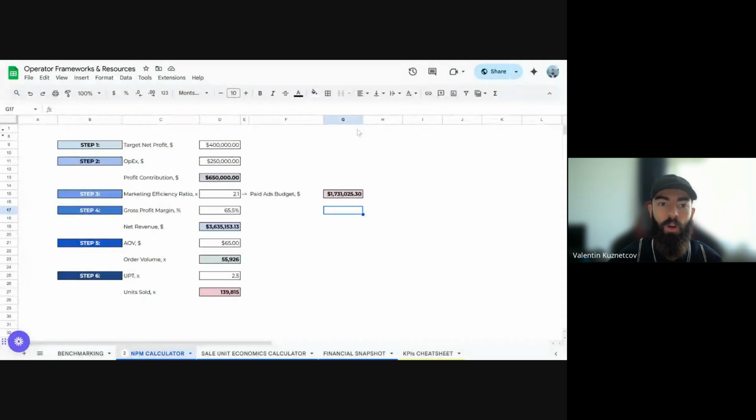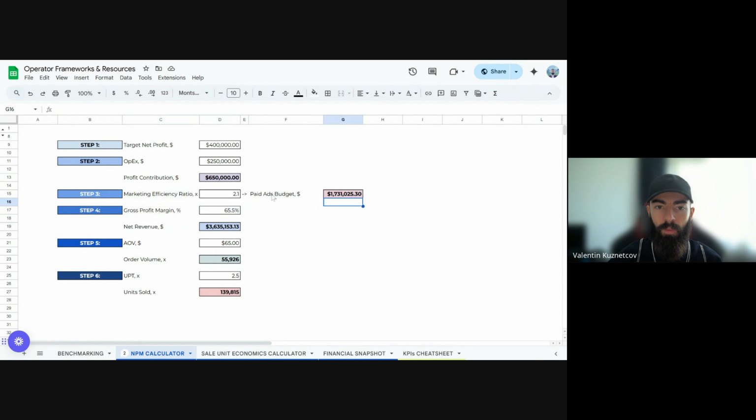So again, we take our gross margin, we take our marketing efficiency into account, then we take this profit contribution target and we calculate the net revenue and the paid ads budget based on that net revenue, right?